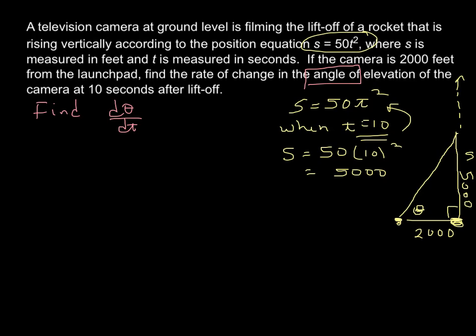But we want to find it when t equals 10, given. You don't get points for writing given this and when that. It's just a way to organize it, so don't panic about whether something is given or when. It's just trying to help us be organized.